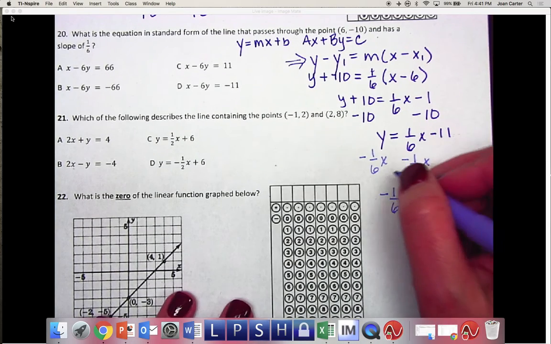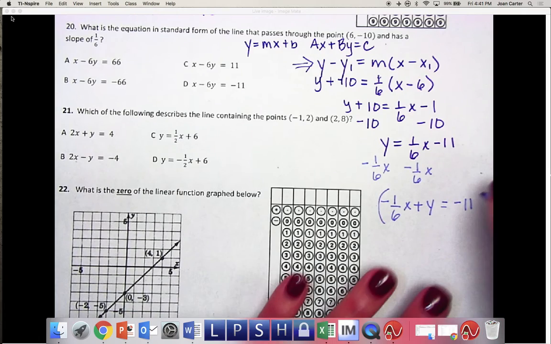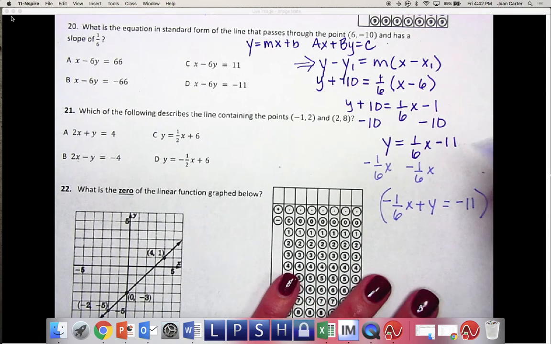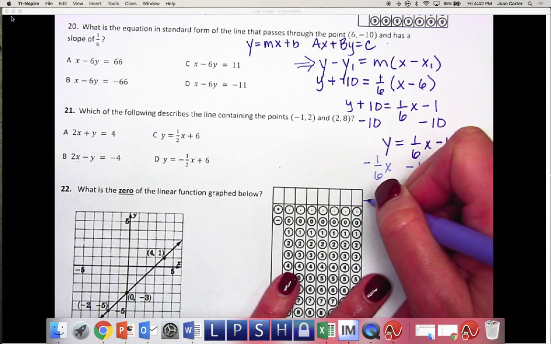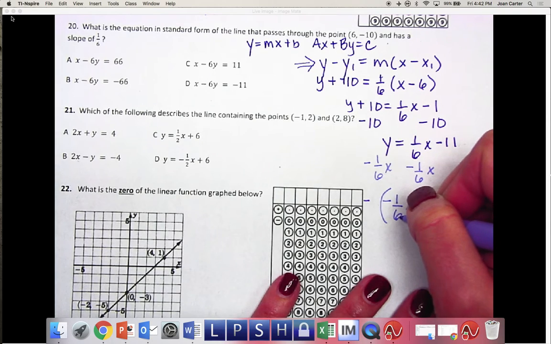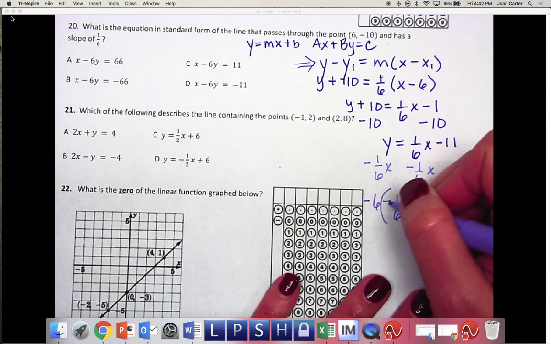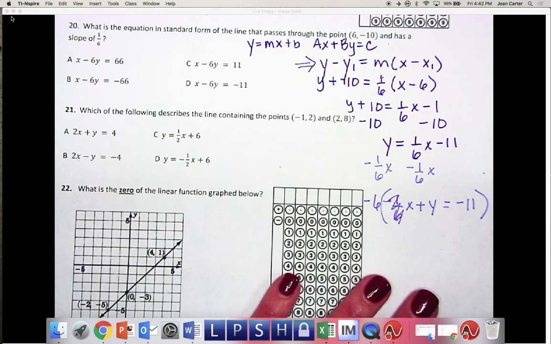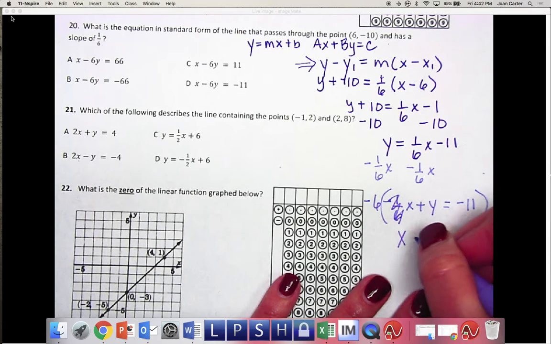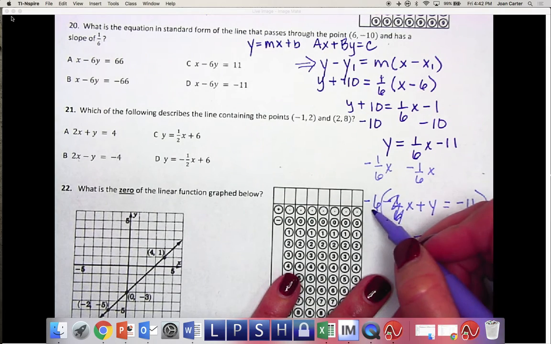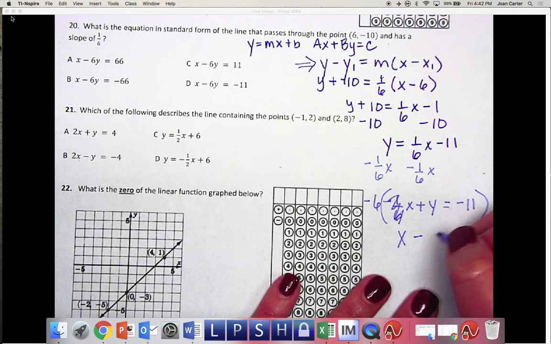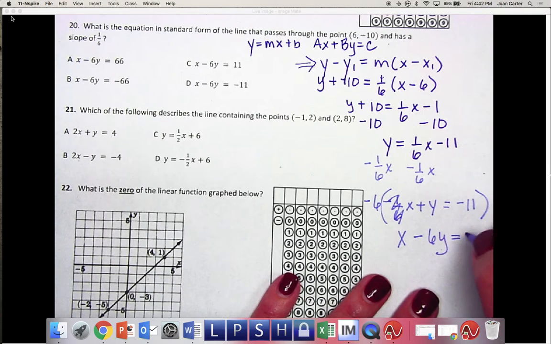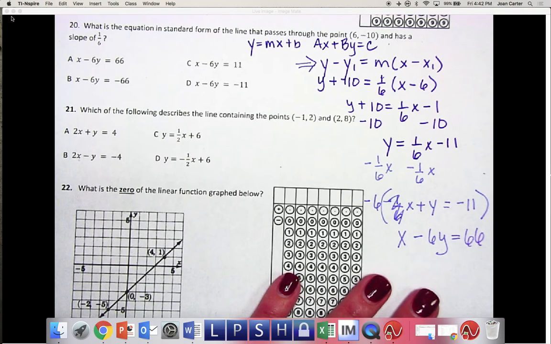So to clear both of them at the same time, I'm going to multiply this entire equation by negative 6, which will make it positive, and clear the denominator of 6. So that'll go away, leaving me with just x, plus negative 6 times y is negative 6y, and a negative times a negative is positive 66.